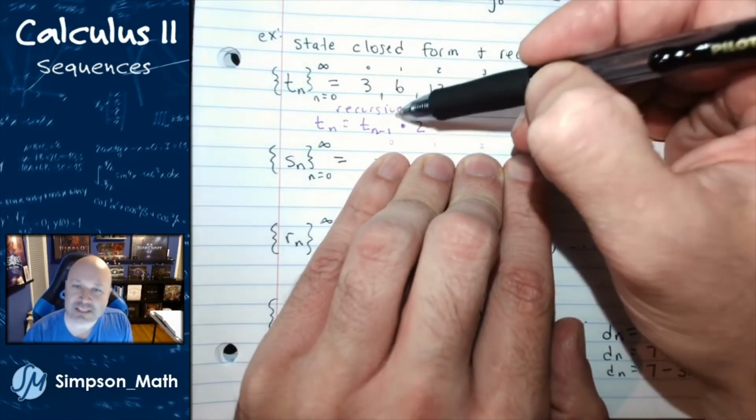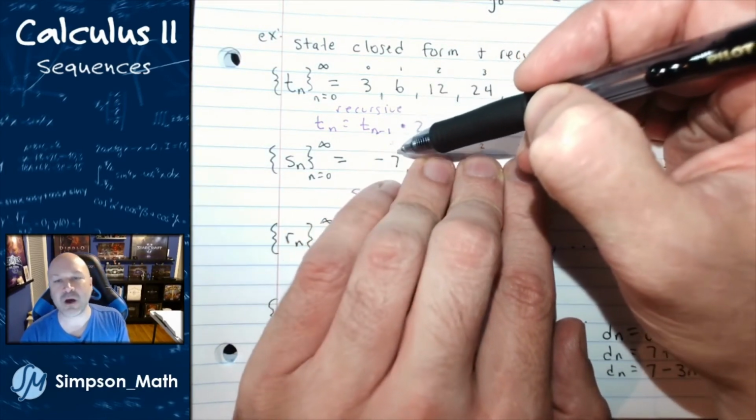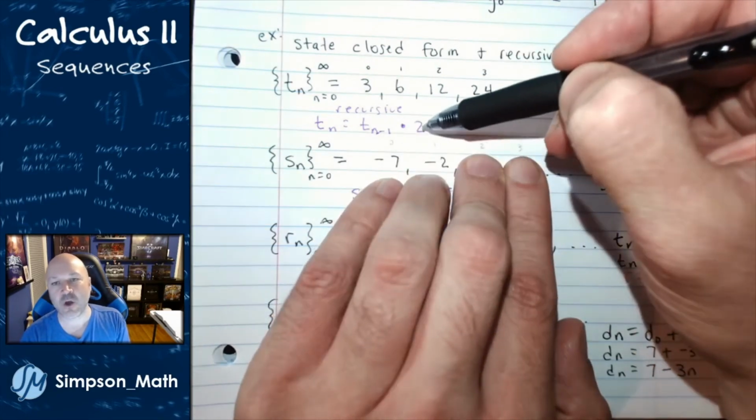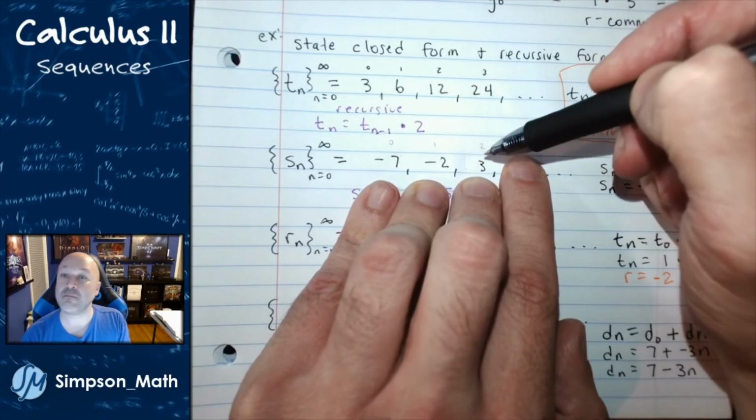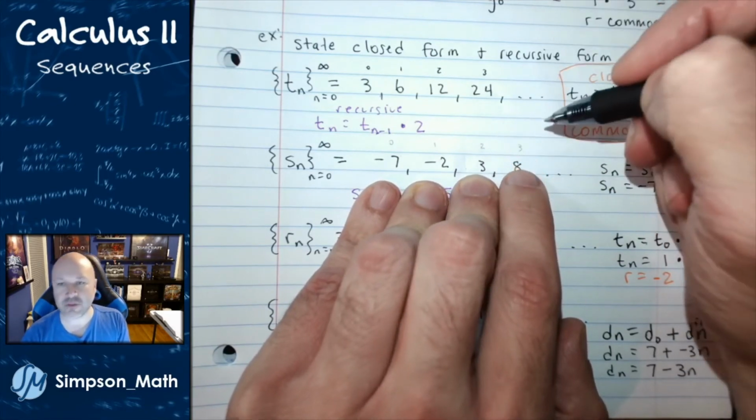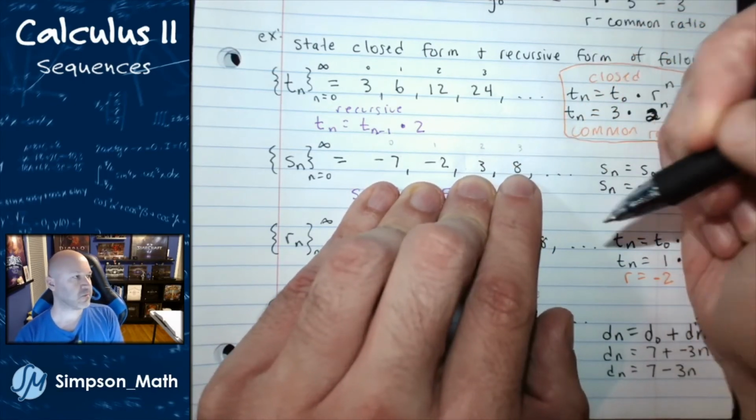So the 0 corresponds to a -7. The 1 corresponds to a -2. The 2 kind of maps to a 3. The 3 kind of maps to an 8.